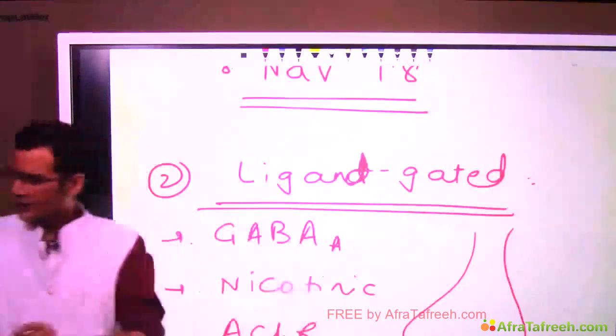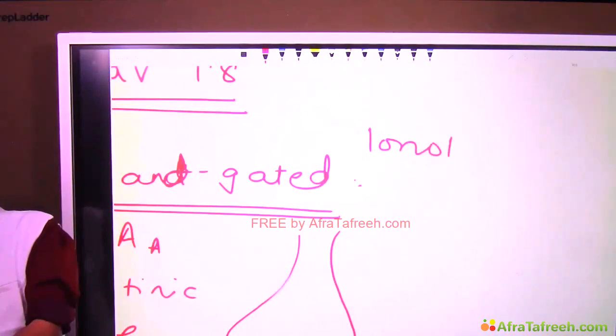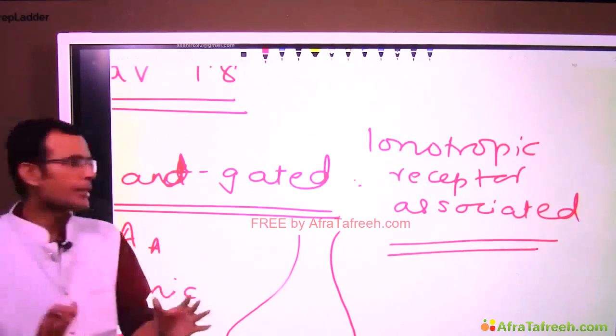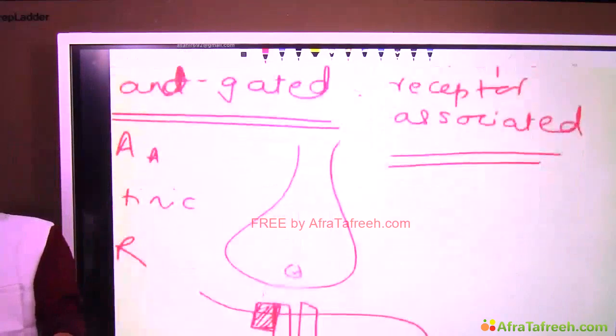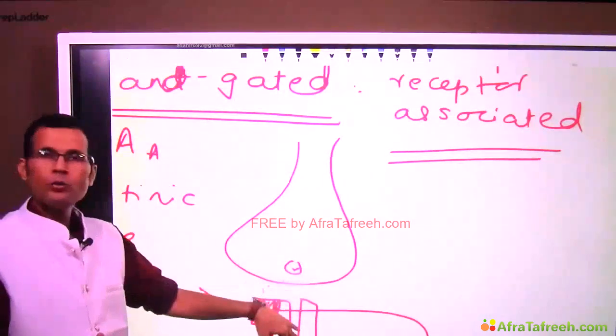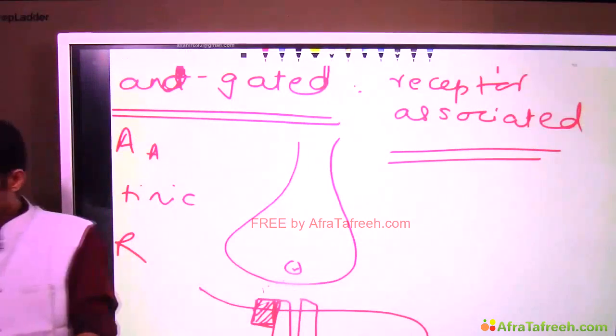The ligand gated channels have been called ionotropic receptor associated channels. It has a very simple and fast mechanism: the ligand combines with the receptor, the channel opens and the ion movement will occur. Very straight, fast and simple.